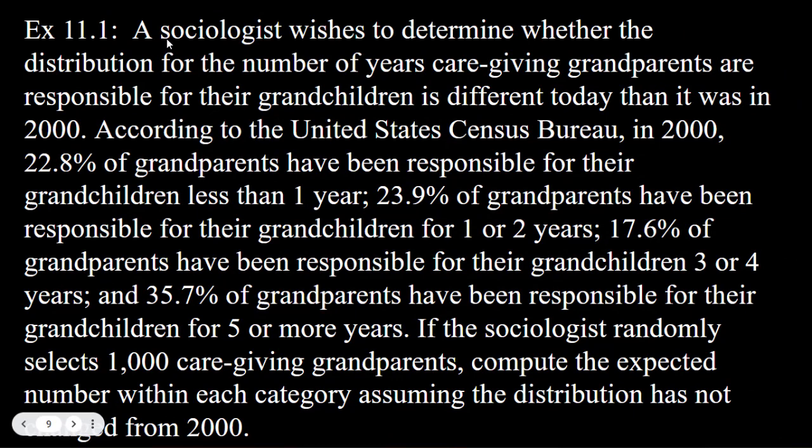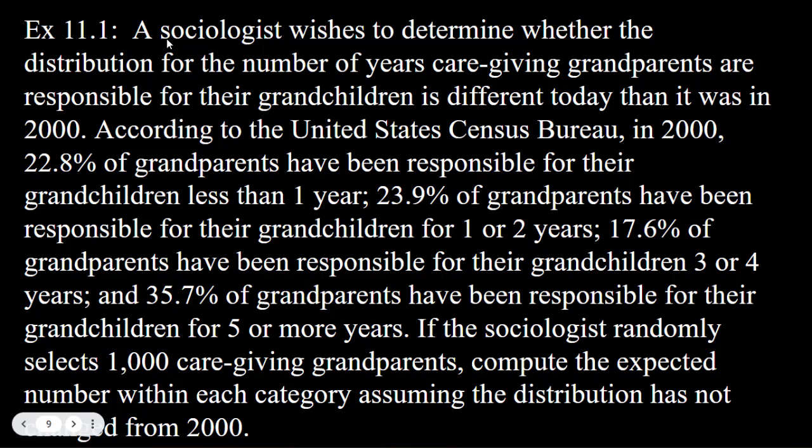Example 11.1, there are a lot of words here, but here's what it says. A sociologist wishes to determine whether the distribution for the number of years caregiving grandparents are responsible for their grandchildren is different today than it was in the year 2000.